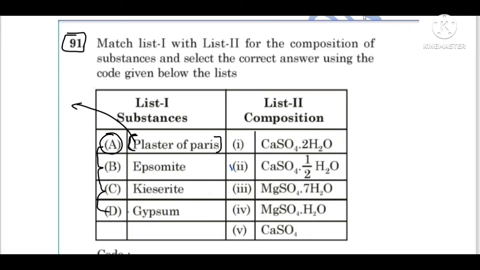We know that the plaster of Paris formula is CaSO4 into half water. That's why I directly write the formula. Here we observe that A matches with 2.